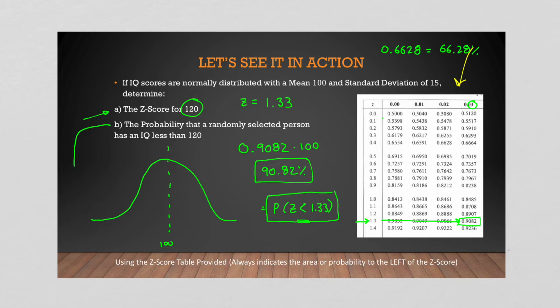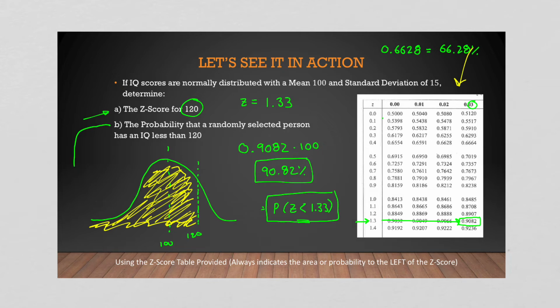So if 120 is here, we don't now concern ourselves with the standard deviations we were away from it. We just concern ourselves with the fact that all of these data points here represent 90.82% of the data. So what you could say is 90% of the participants, of the students, of whoever took this test, have an IQ of less than 120.